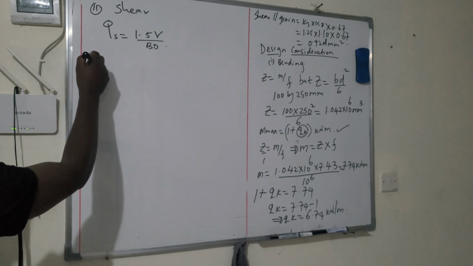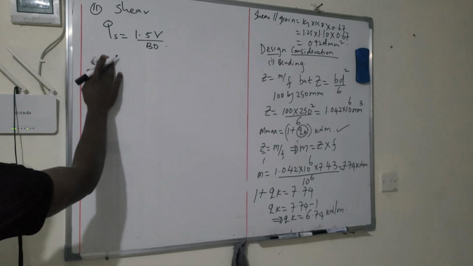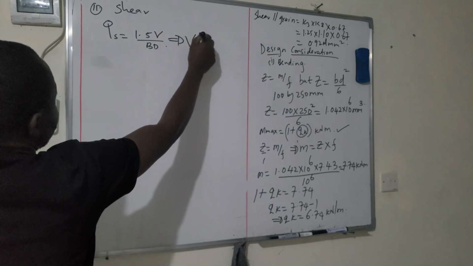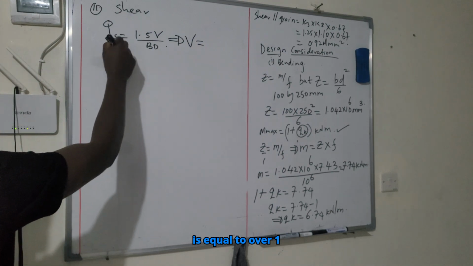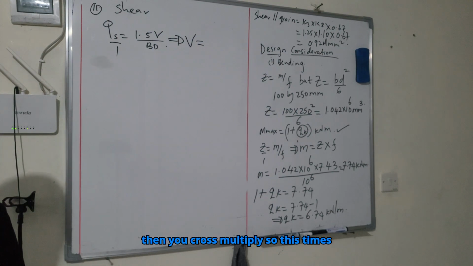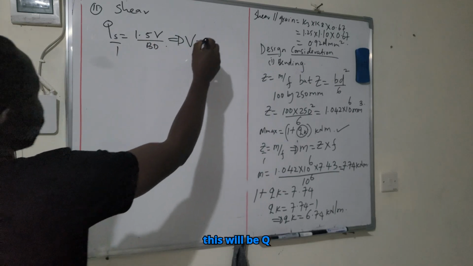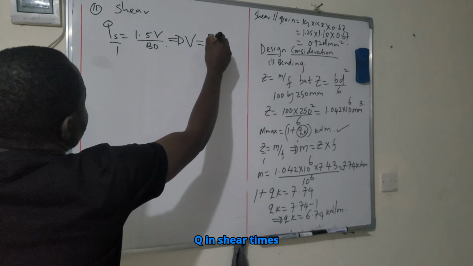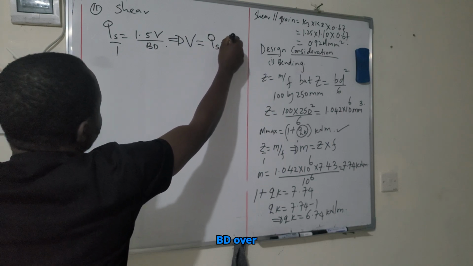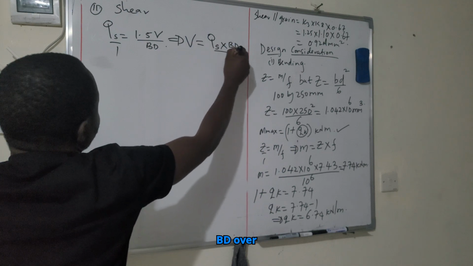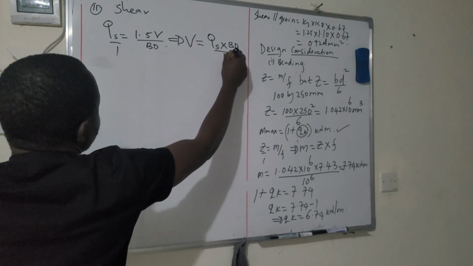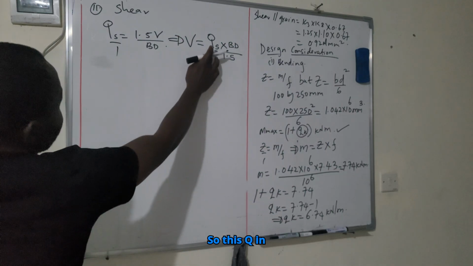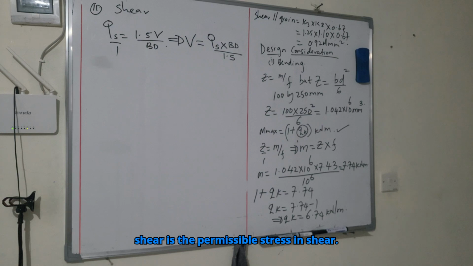So our V, which imply V is equal to, over 1, then you cross multiply. So this times this will be Q in shear times BD over 1.5. So this Q in shear is the permissible stress in shear.